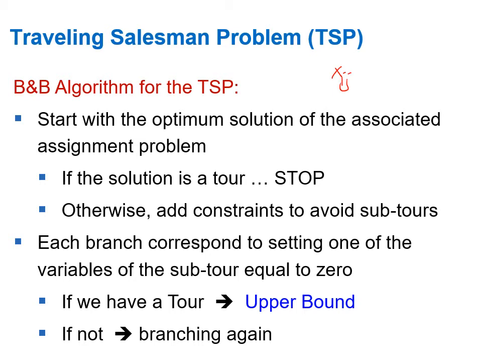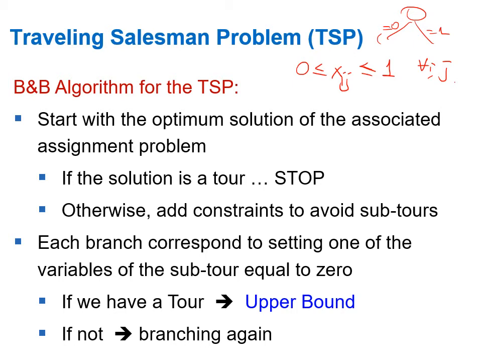And first, what do we do? We relax the xij and convert them to be variables between 0 and 1, for all i and j, and we solve this relaxed problem in the root node, then select one of the variables to set equal to 0 or 1, branch and go on.